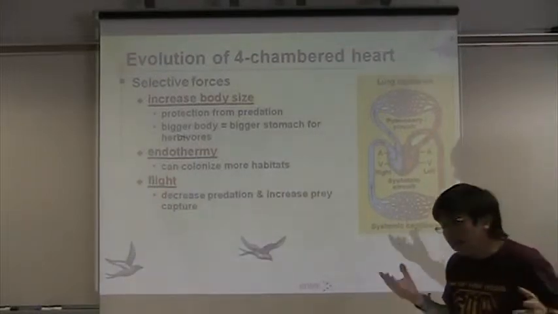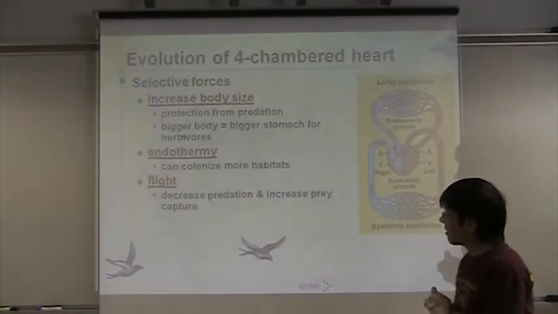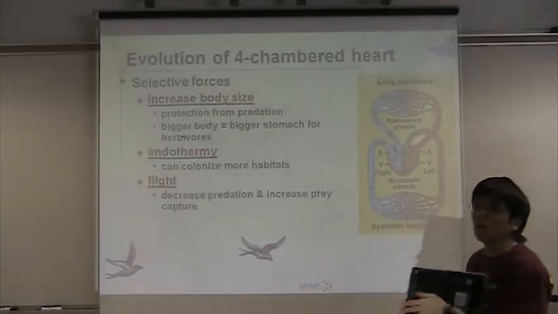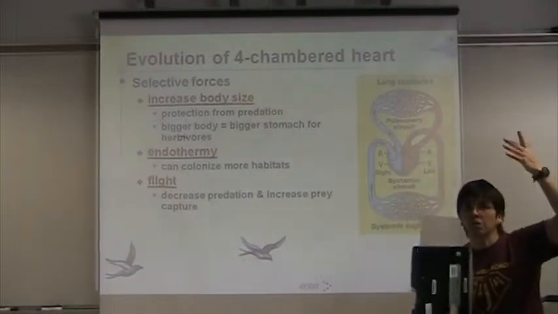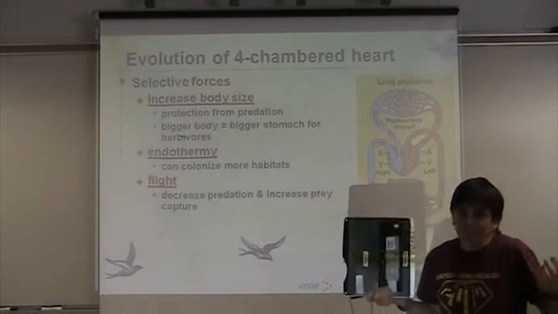Now, if you are a bird again, this allowed, obviously, for the colonization of air because you require more energy to fly. You have to be an endotherm because temperatures drop as you go up. And basically it is a full circle.